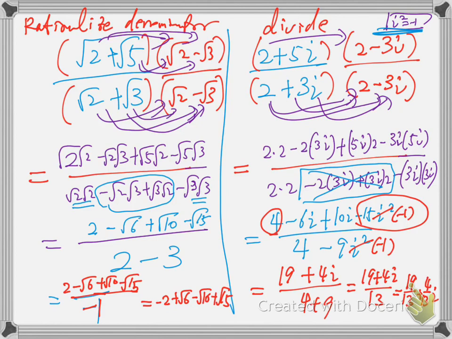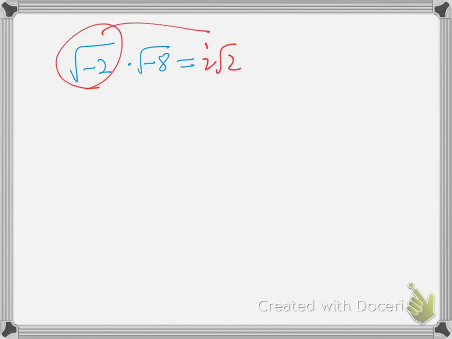Now let's go back and write down all the operations of negative radicals and complex numbers, the important part of today's lecture. If you have negative radical 2 times negative radical 8, change this to i radical 2 and change the second one to i radical 8.